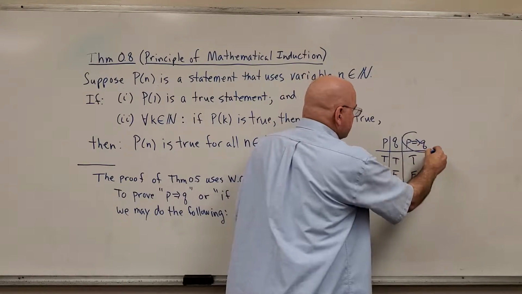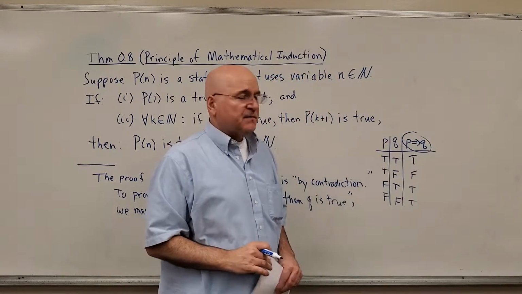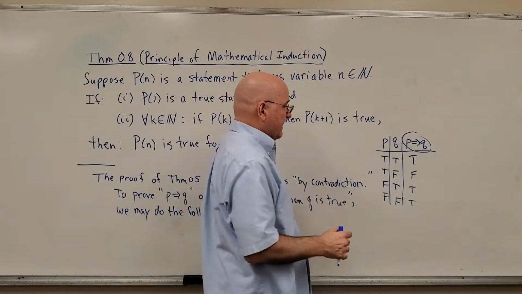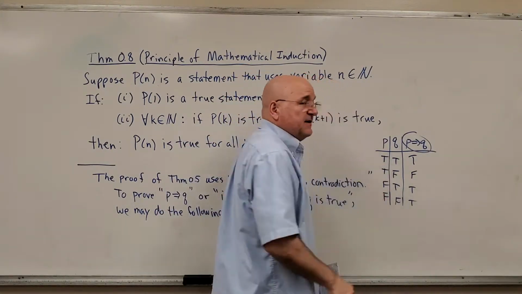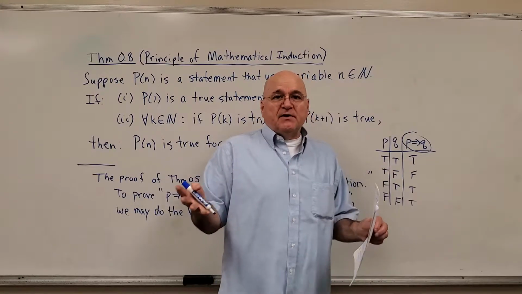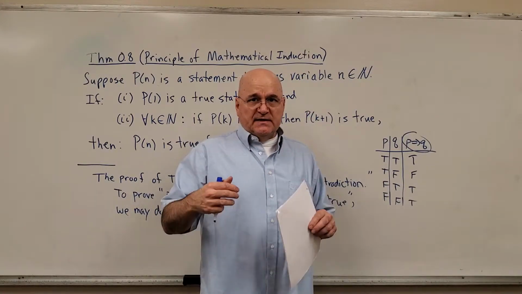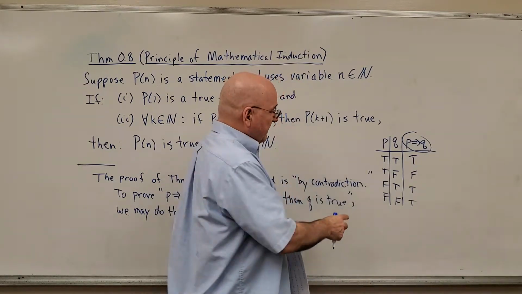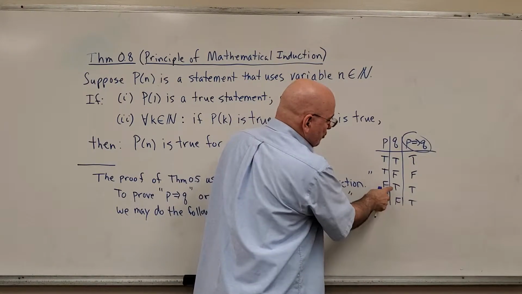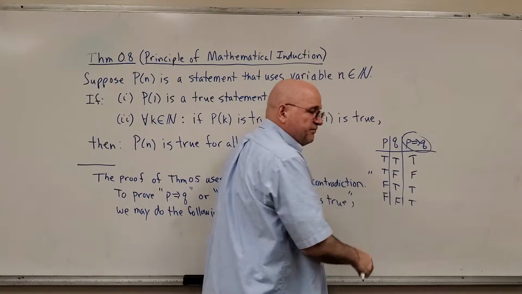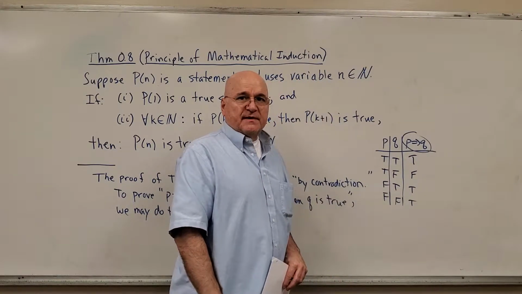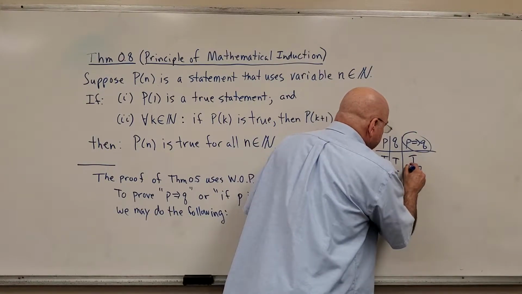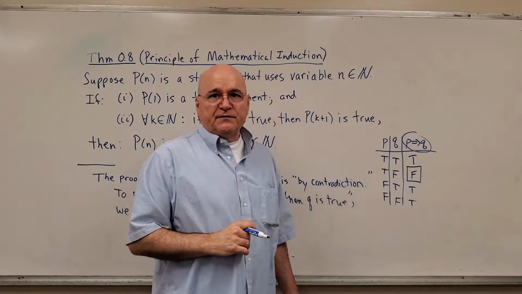That means this original statement is false. If I have the 50 and I take you to the movies, it's true. I didn't lie. If I don't have the $50 in my pocket, I didn't really tell you anything. I only told you that if I have the $50, I'll take you to the movies. So I'm not lying to you. Therefore, for these last two, it's true whether or not I take you to the movies, because I didn't have the $50 in my pocket. So this is the only time when an implication is false.